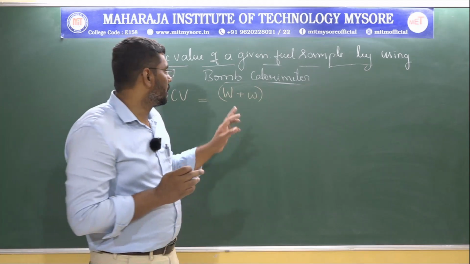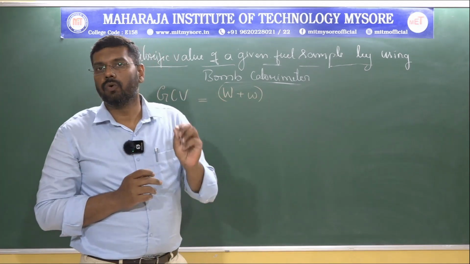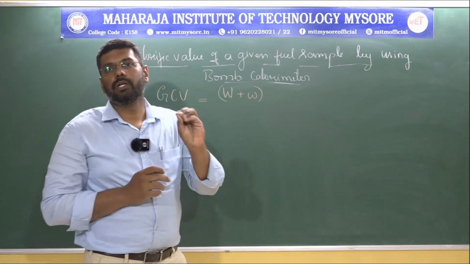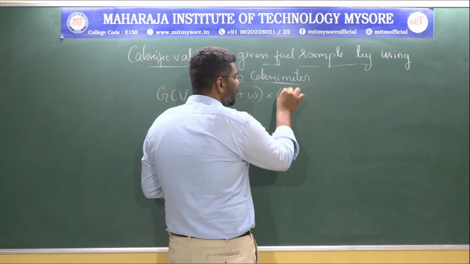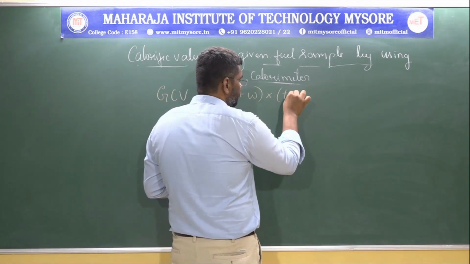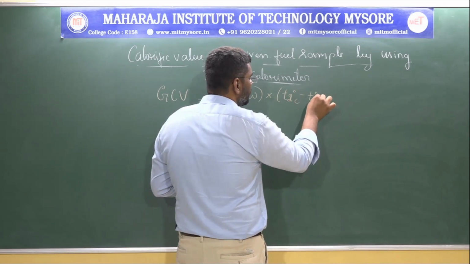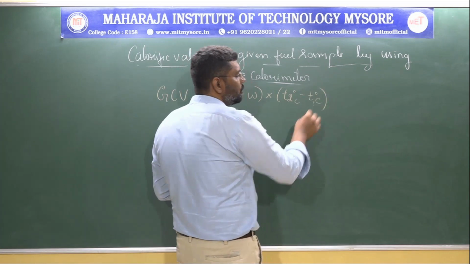So capital W represents the weight of the water, and small w represents the water equivalent of the calorimeter. This will be multiplied by T2 degree centigrade minus T1 degree centigrade. What are T2 and T1?